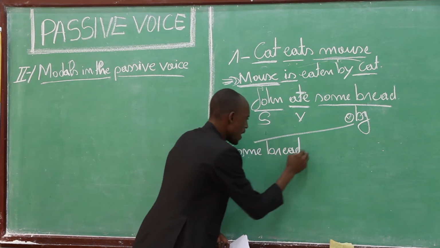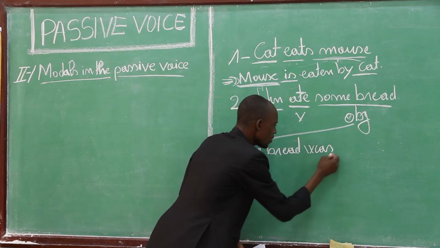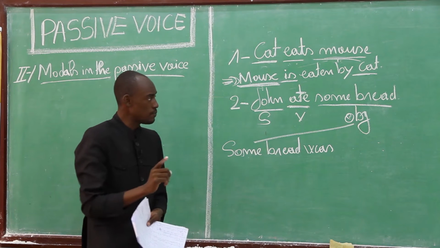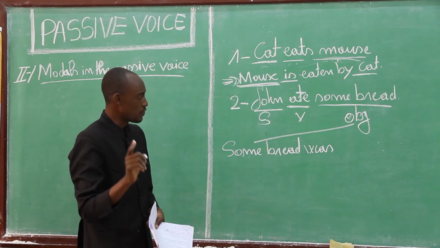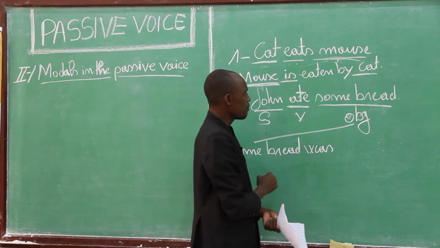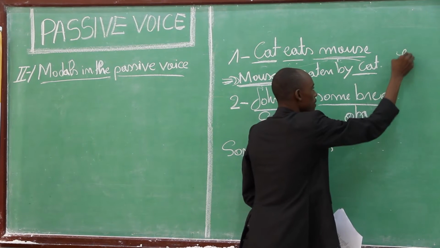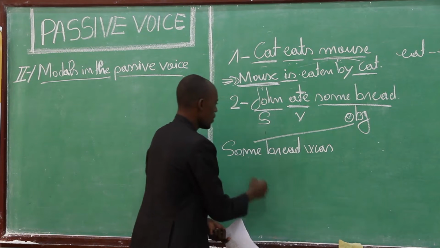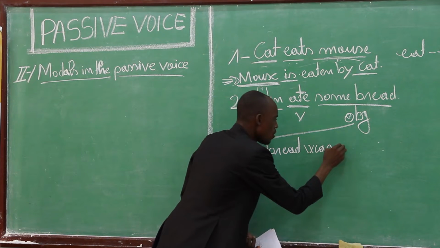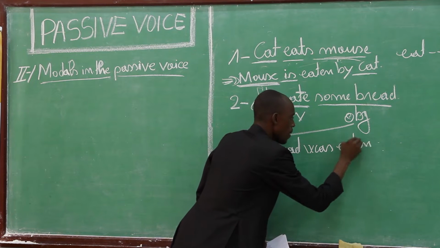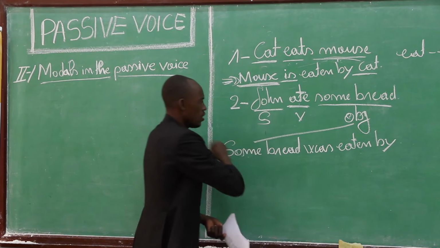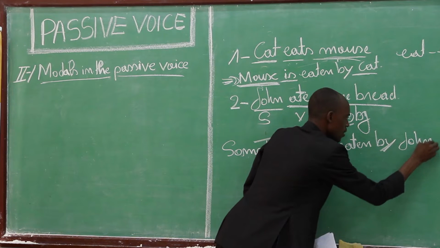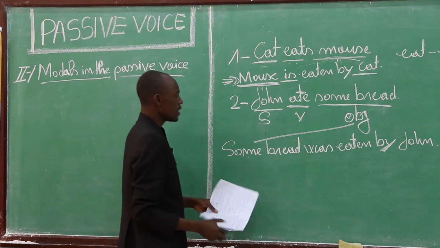We have some bread was, the auxiliary, followed by the past participle of the main verb. Here we have the past participle of to eat, which is eaten. And here we have some bread was eaten by John, okay? By John.